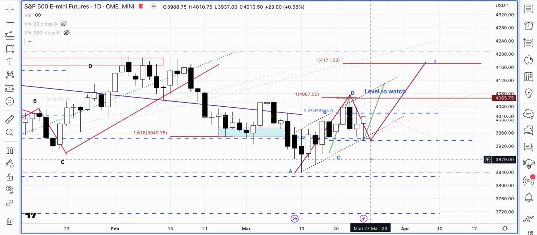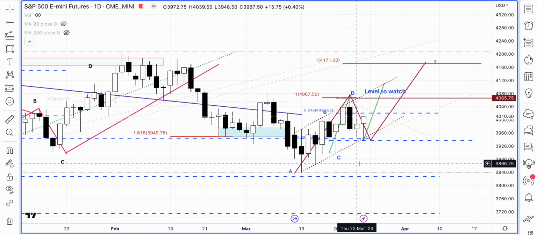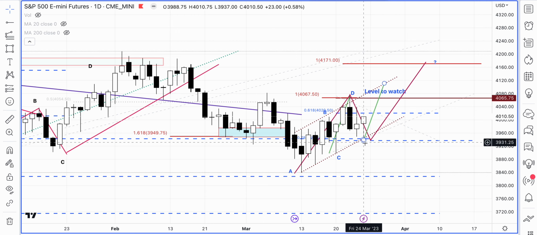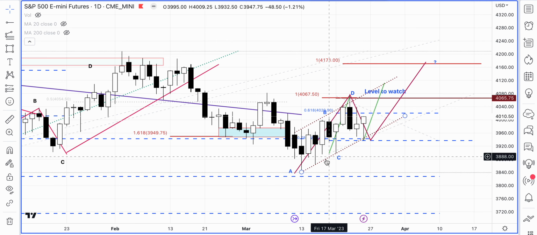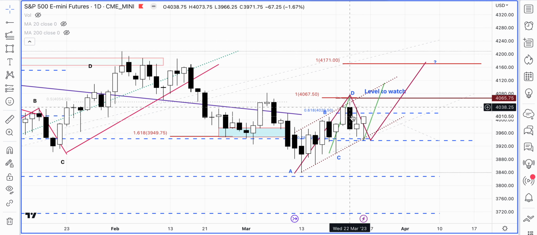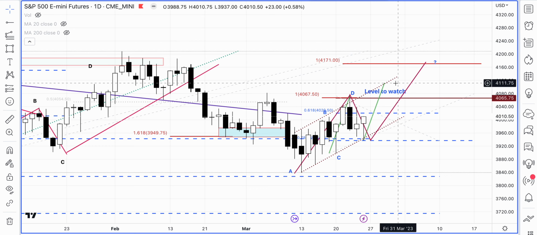So now, guys, what we are looking at, we still have a bullish bias for the stock indices in the US, especially the S&P 500, unless this low is taken out, of this 78.6% retracement of last Friday. It looks like we are in this ABCD moving higher to around 4110 level actually.